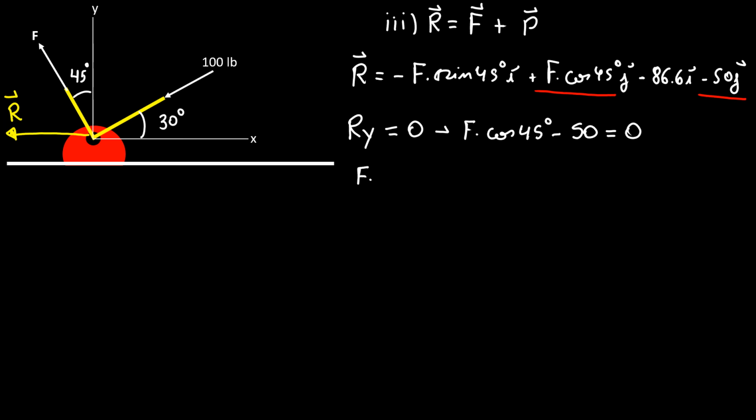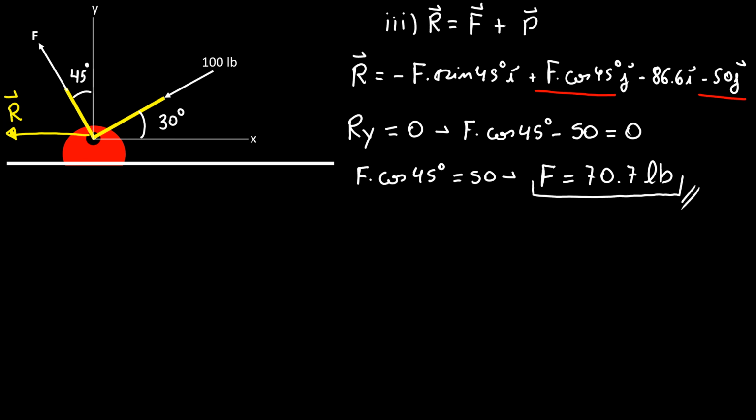So F times cosine of 45 is equal to 50. So the magnitude of our force F is equal to 70.70 pounds. So here is our first answer.